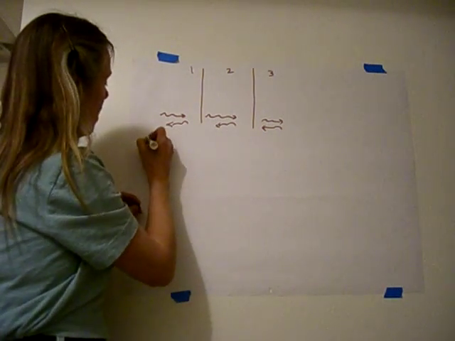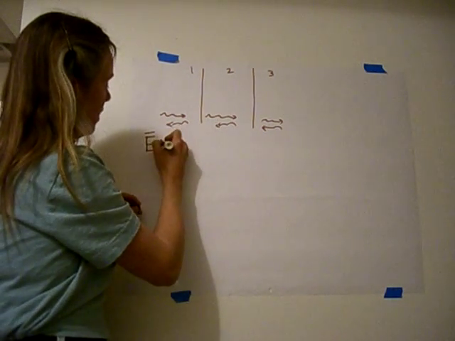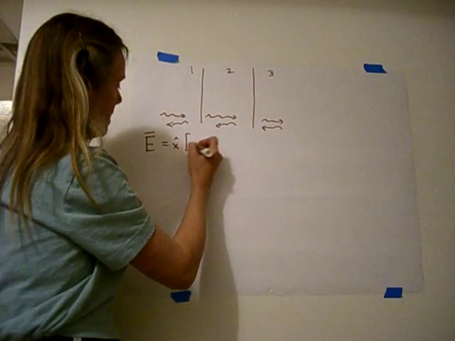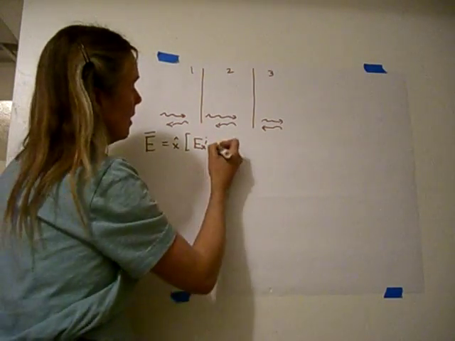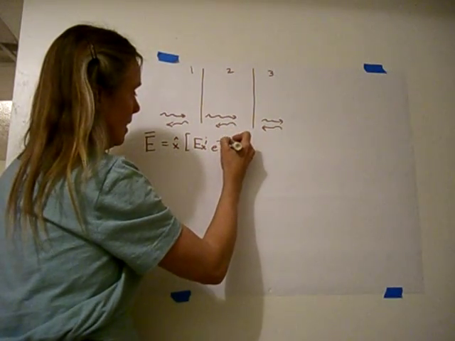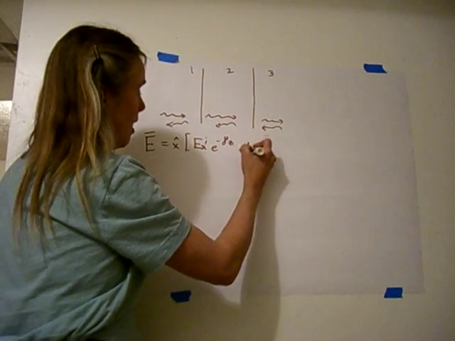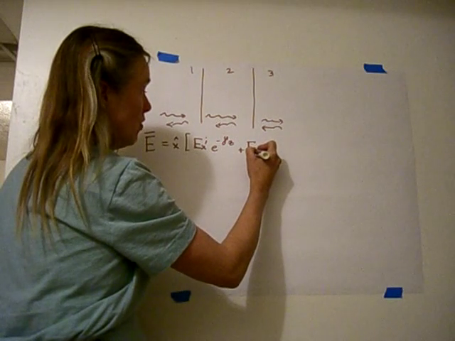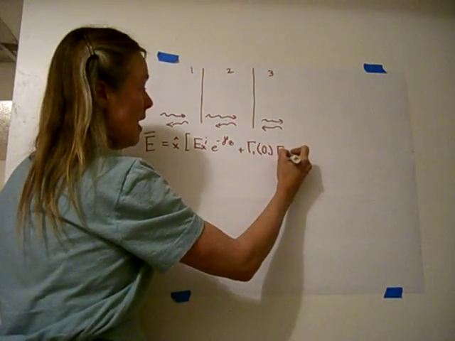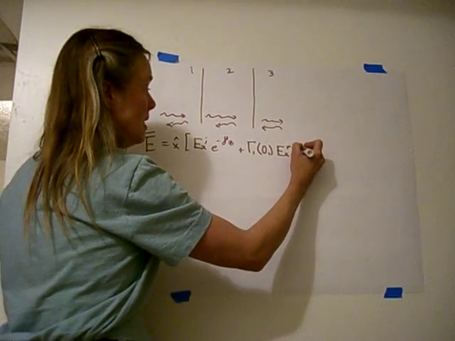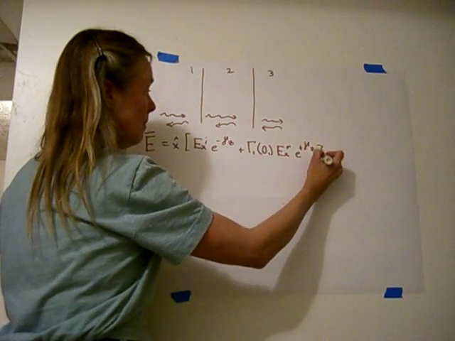In region number 1, we wrote that the electric field, which is x-polarized, is Ex incident, which we would need to be given, times e to the minus gamma z, plus the reflection coefficient, this is gamma 1 at O1, times Ex reflected times e to the plus gamma z.